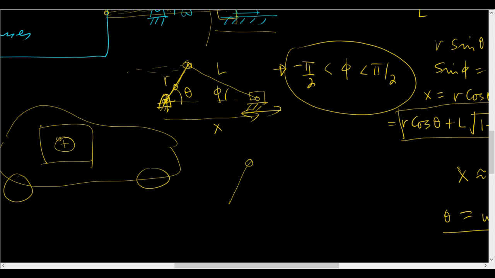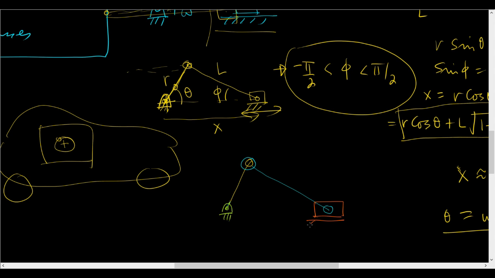Then we have this connecting rod, and the connecting rod is not really two-point masses, but I am showing it like that for reasons that will become very clear soon.